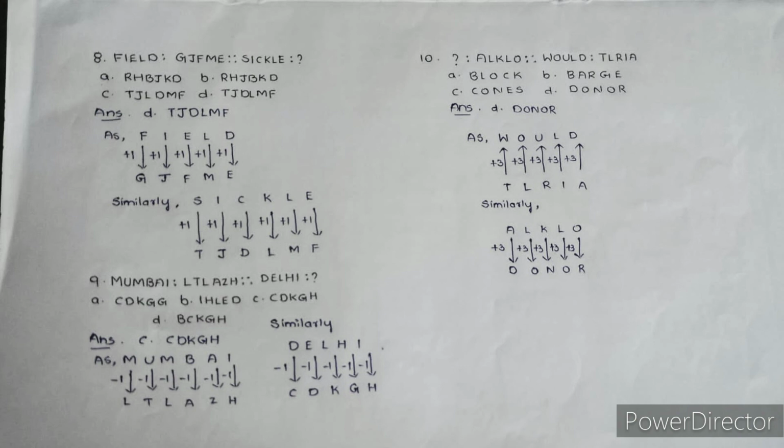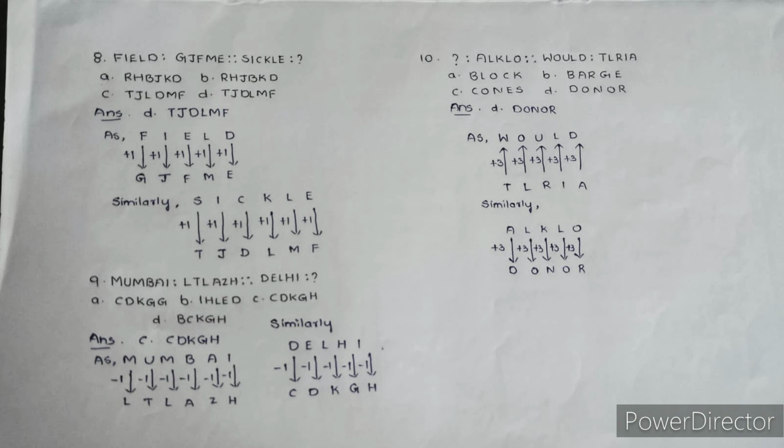is to TLRIA. So if you add 3 to T, you get W, and if you add 3 for letter L, you get O, and if you add 3 for R, you get U, and if you add 3 for I, you get L, and if you add 3 for A, you get D. So here for every letter you have to add 3.